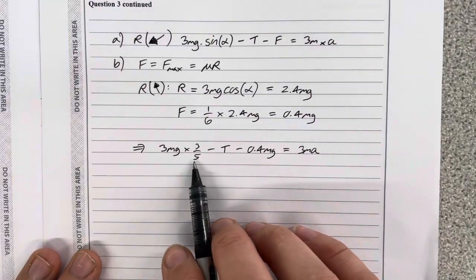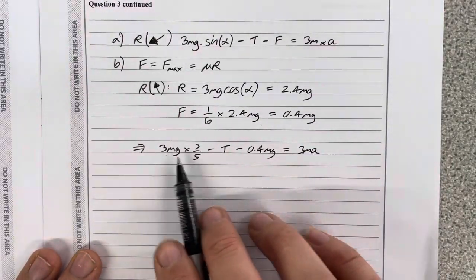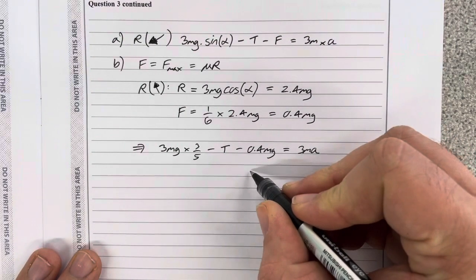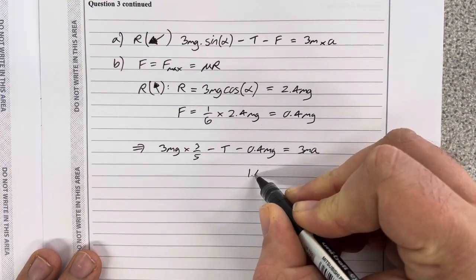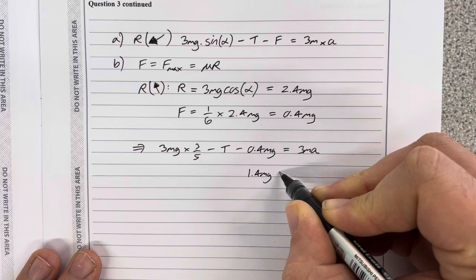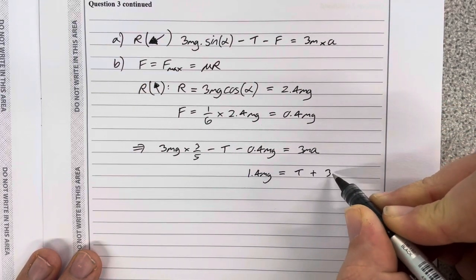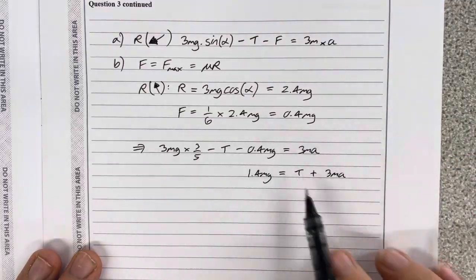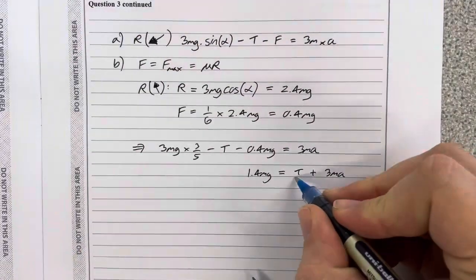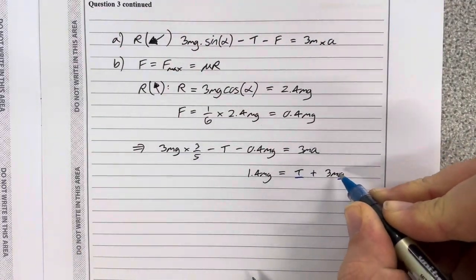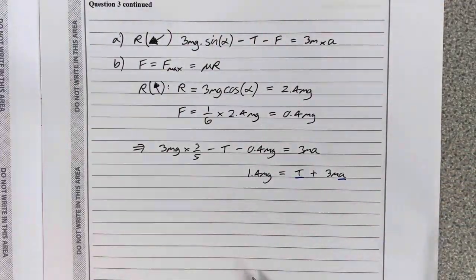And that's 0.6, that's 1.8. So 1.8 mg minus 0.4 mg is 1.4 mg, and that's going to equal the tension force plus 3 ma. So that's one equation linking T and a. M is also an unknown, but we'll get back to that, I'm sure.